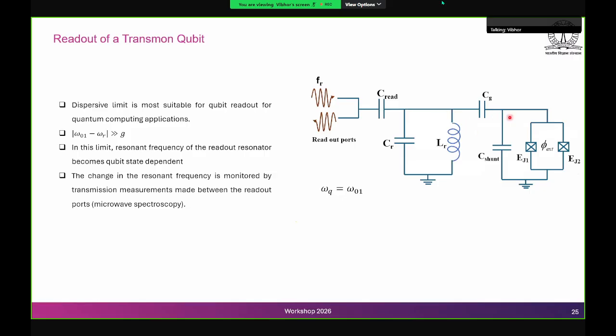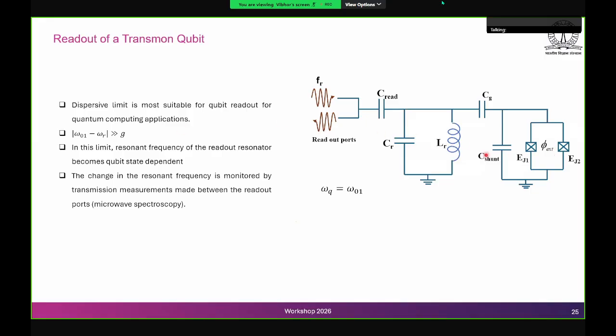So you have a two-mode problem, and if the system is designed in such a way that the qubit transition frequency, represented by omega 01, is very different from the readout resonator frequency, and by very different, I mean that the detuning between these two modes is much larger than the coupling strength between these two oscillators, this is called a dispersive limit, and it opens up a very nice way of doing the qubit readout.